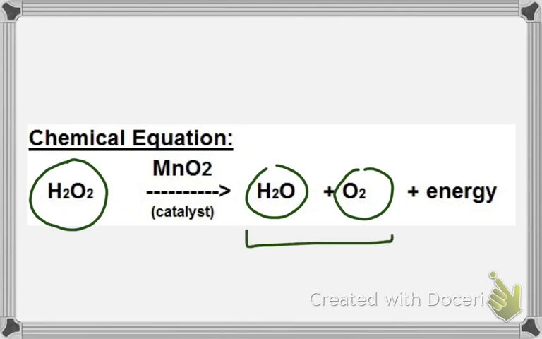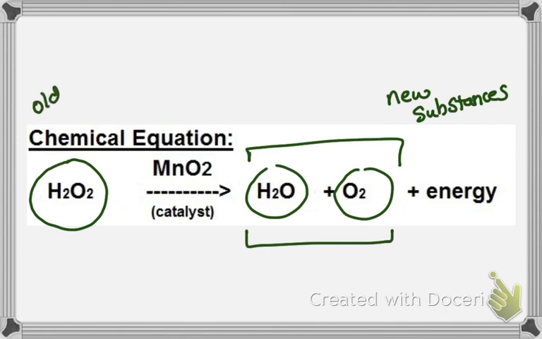These are chemically different, chemically new substances formed. You begin with an old substance, the original substance that you start with, and you've got new substances. Bonds are broken, new ones are formed. That is what makes something an actual chemical reaction.